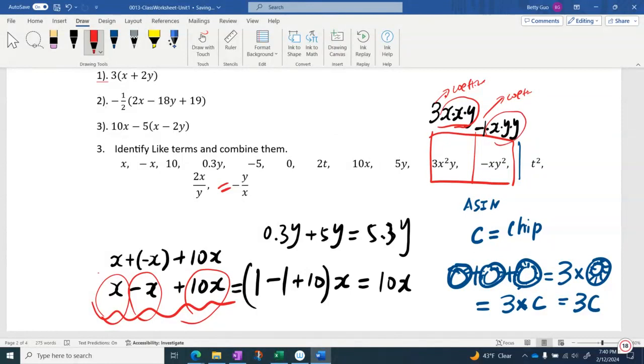They are different, right? At first look they are really very similar, but if you take a second look, they have different variable parts. The first term's variable part has two x's, one y. And this one has one x, two y's. So they are not like terms.